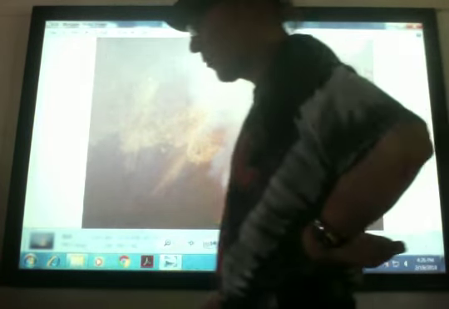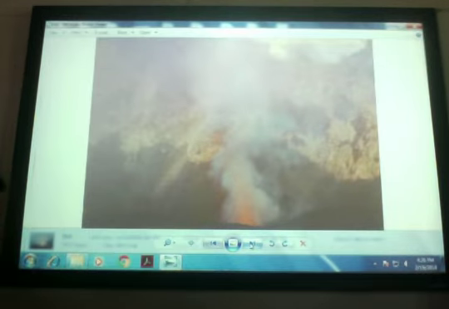Etna is a very dangerous volcano, and not all people in Sicily are happy when such a volcano erupts. At Etna, the volcano produces a lot of magma flows. The magma flows are actually not that dangerous because they are not that fast, and so people can escape.